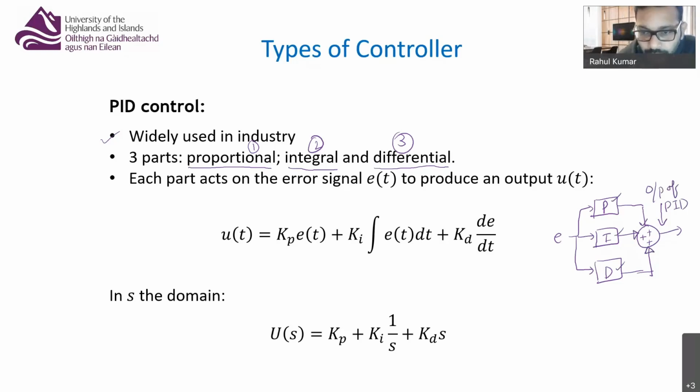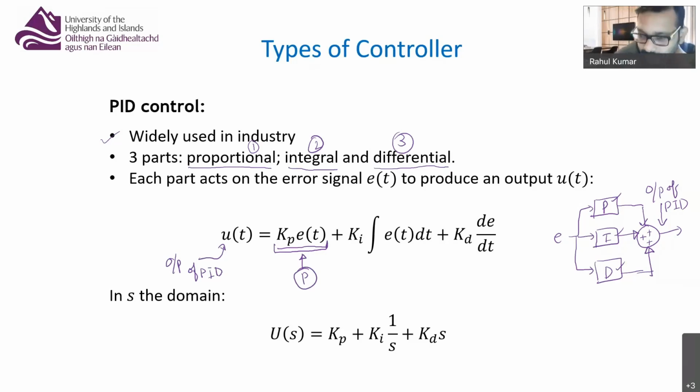Now the output of the proportional controller is the first term in this equation, where u(t) is the output of the PID.